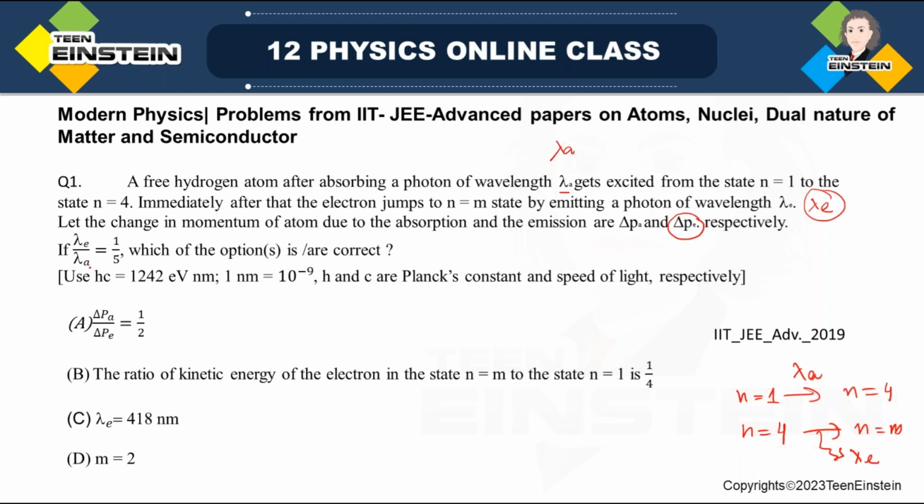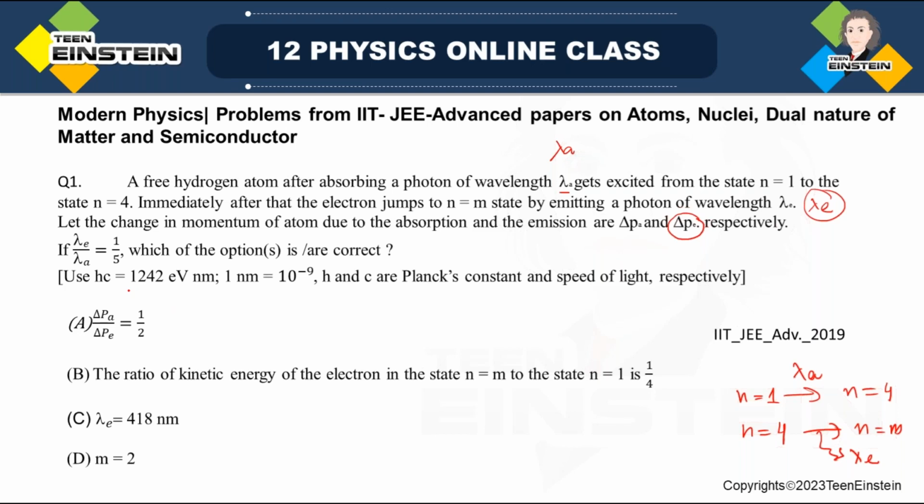If lambda e by lambda a is 1 over 5, which of the following options are correct? That means more than one option may be correct.